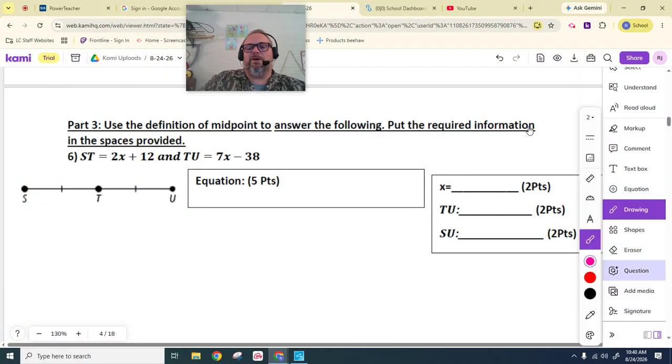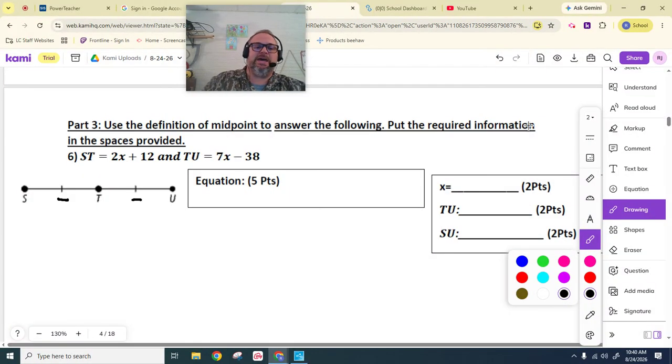Now, part 3, number 6. This is midpoint. What do these little hash marks mean? They're the same. They mean they're congruent. So we set them equal to each other.